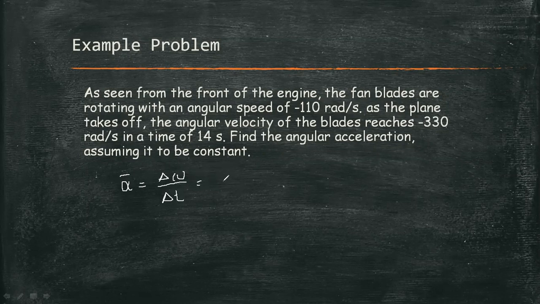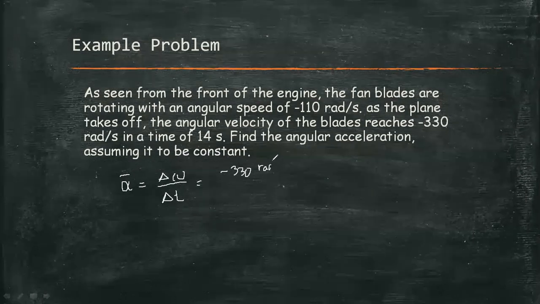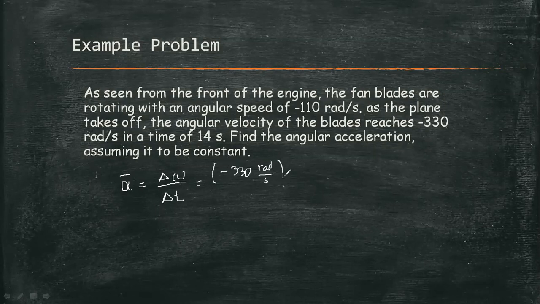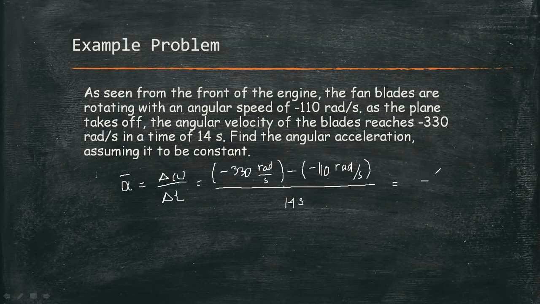Our final angular velocity is negative 330 radian per second, minus the initial angular velocity of negative 110 radian per second, over a time of 14 seconds, which gives us negative 16 radian per second squared.